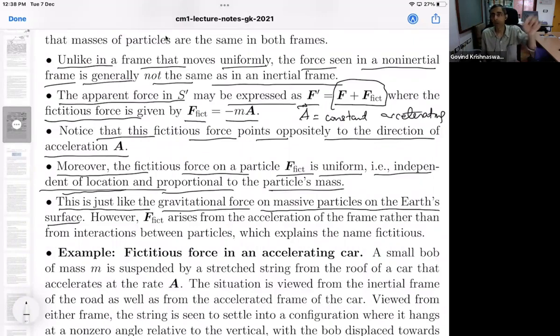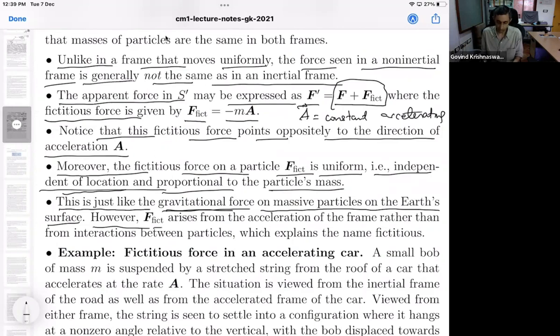It's also uniform. No matter where I am located, the force is the same. It is m times acceleration due to gravity. So in that sense, it reminds us a little bit about gravity. That is, a uniformly accelerated frame involves a fictitious force that looks a little bit like gravitational force. We're going to elaborate on this in a moment.